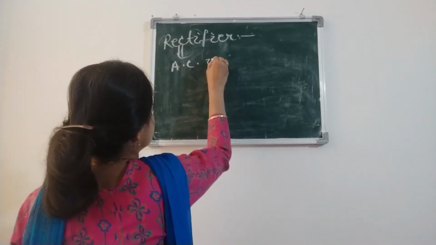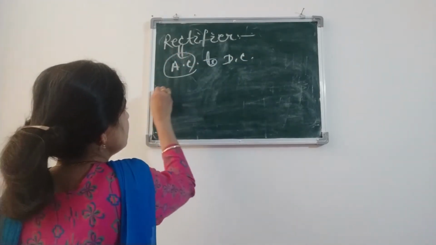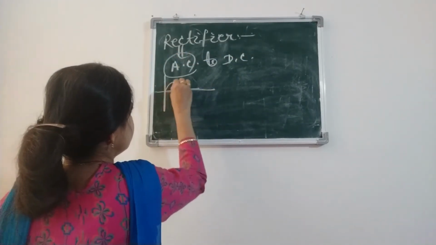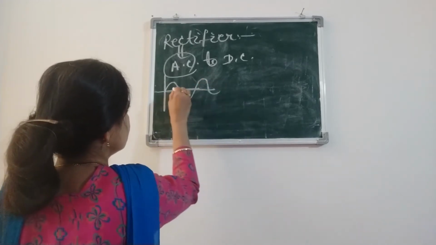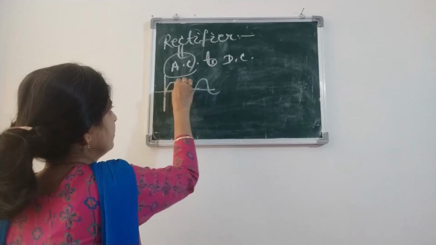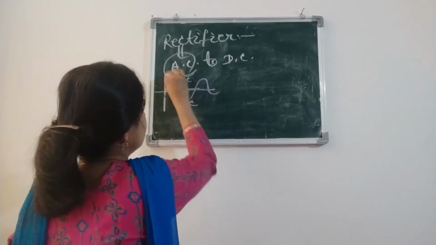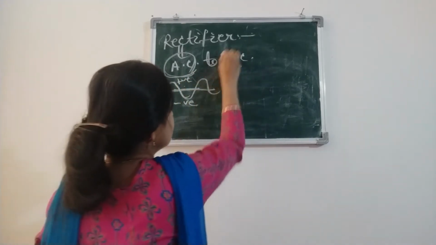AC to DC. AC means whose magnitude and directions both will change continuously. This is positive direction and this will be negative direction, and it converts AC to DC.